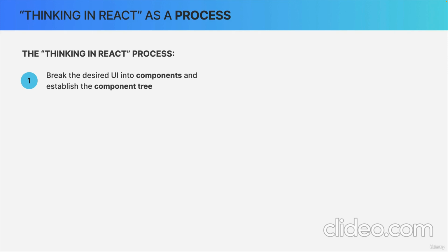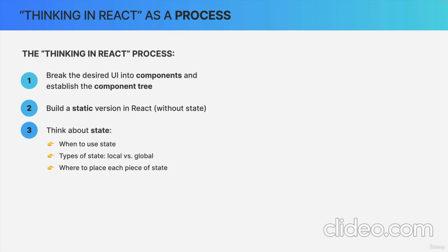After that, we can start by building a static version of the application, so without any state and interactivity. And this is great, because by doing this, we do most of the coding up front before having to worry about state and interactivity. That part comes next, so in step 3, where we think about state.